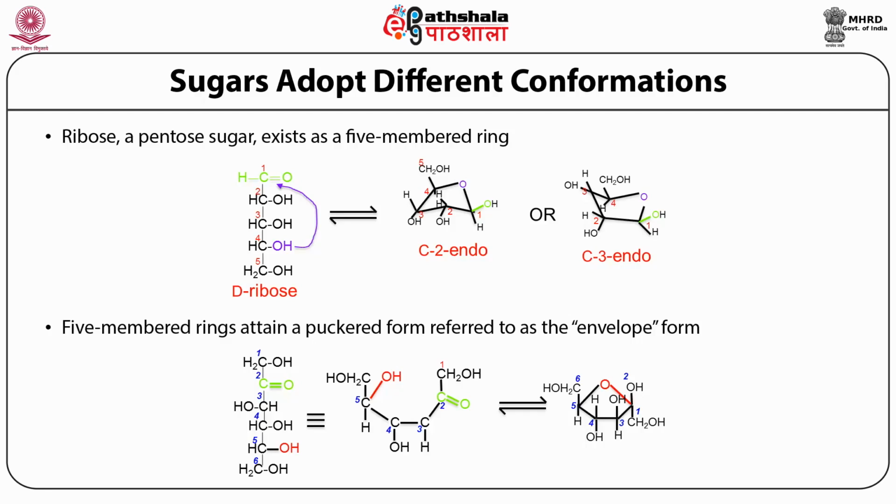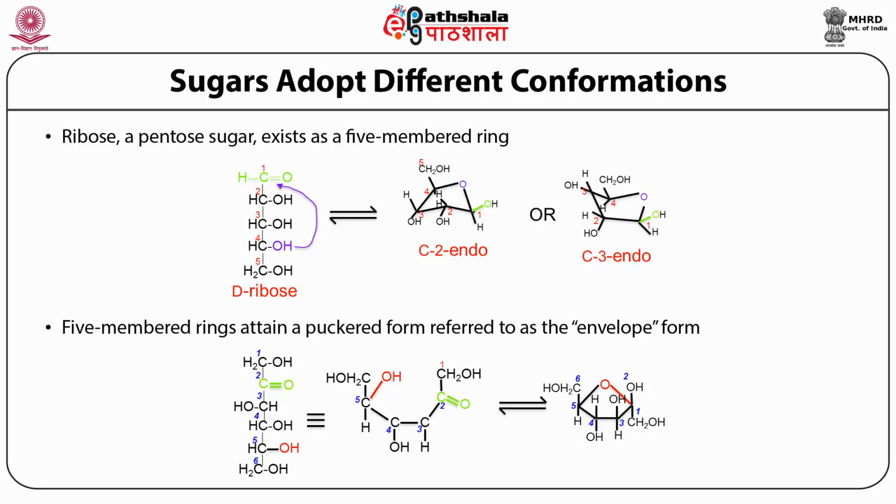So unlike the hexose sugars where cyclization leads to the generation of pyran ring structure, here in case of pentoses, for example, as we have seen in ribose, it leads to the generation of the C2 endo or the C3 endo form, and these structures look like an envelope.